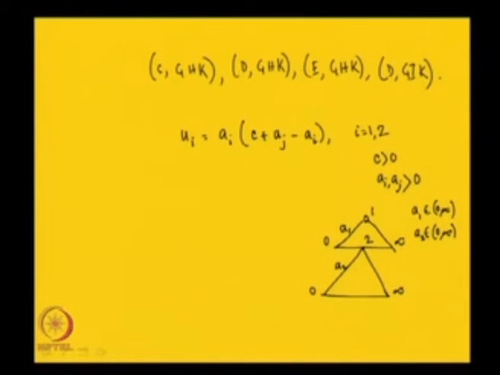And after that the game ends, the payoffs are a1(c plus a2 minus a1) and a2(c plus a1 minus a2).